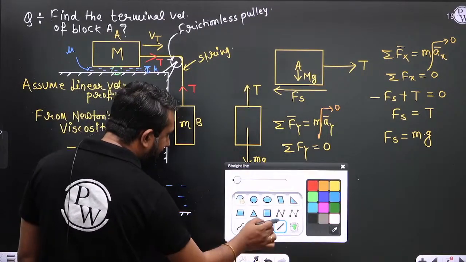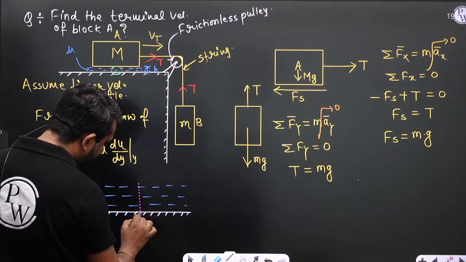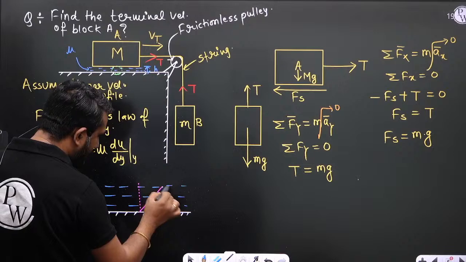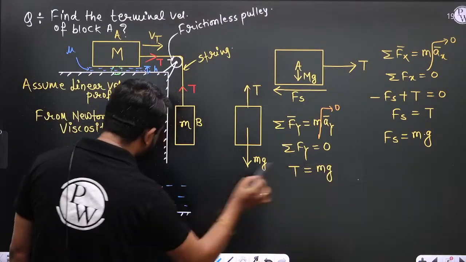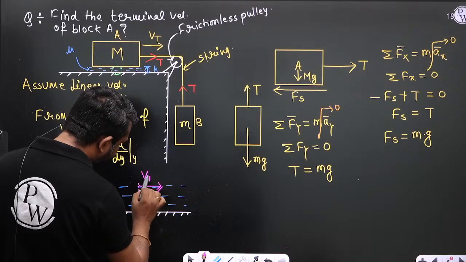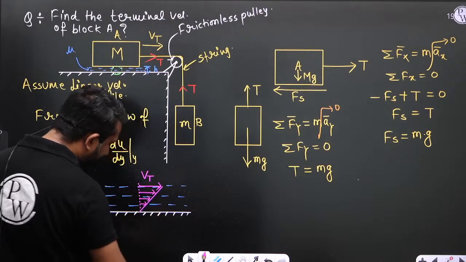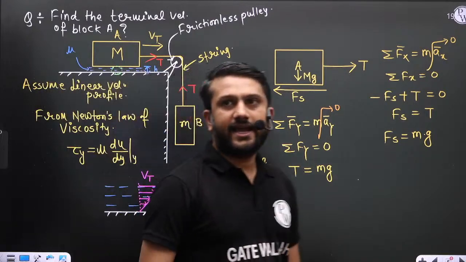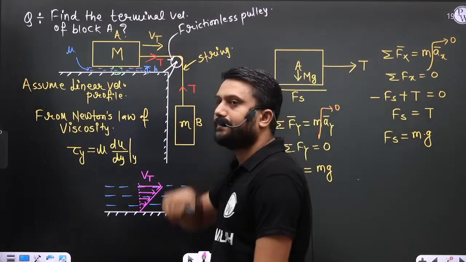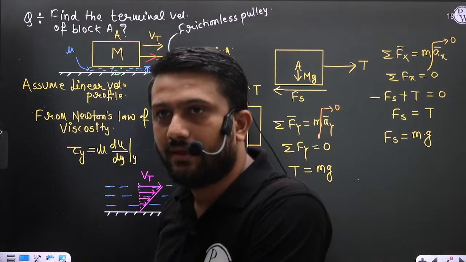And if you see the velocity profile, the layer which is in contact with the block has terminal velocity Vt, and velocity decreases as we move towards the fixed plane. So this is the velocity variation.